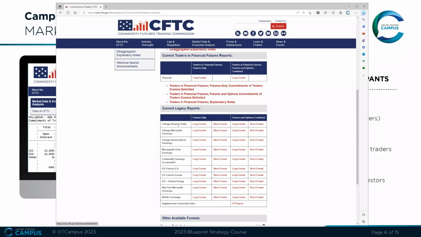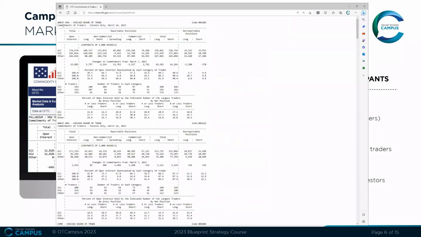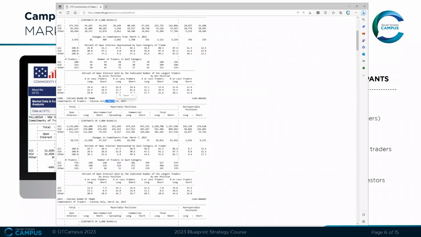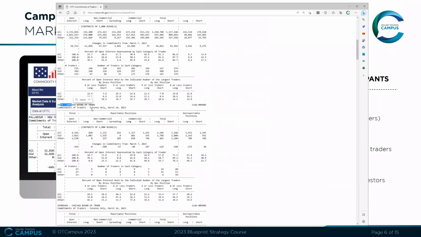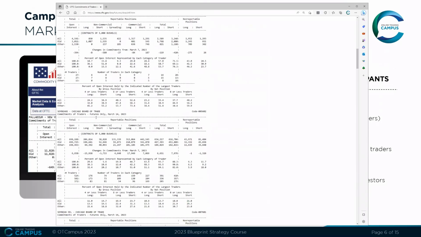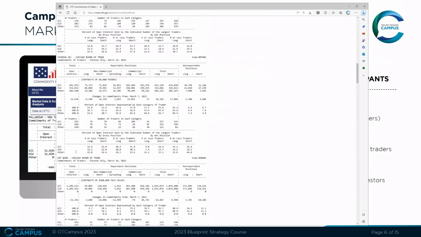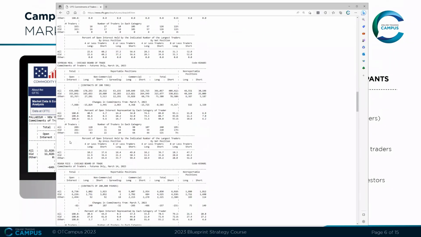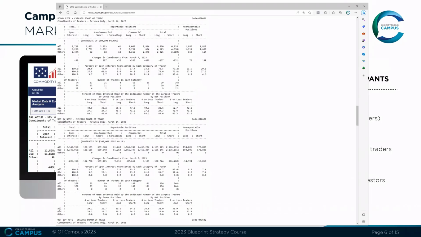And then if we, for example, go to the Chicago Board of Trade, the CBOT, and look at the long format, then you'll get a list of all these different markets. So here you see wheat as of March 14th, and then you see corn as of March 14th, and then you see oats as of March 14th, and soybeans and soybean oil, treasury bonds, and what else is there? You have the 2-year treasury notes as well.